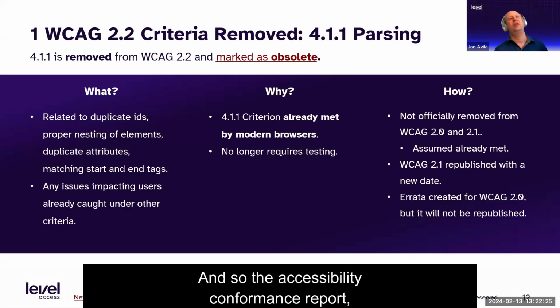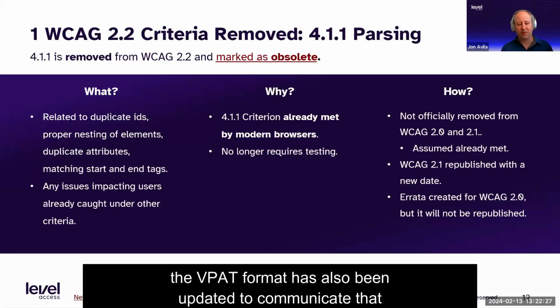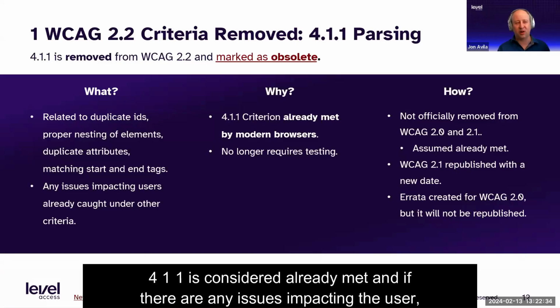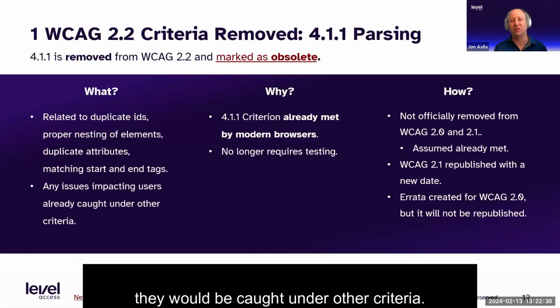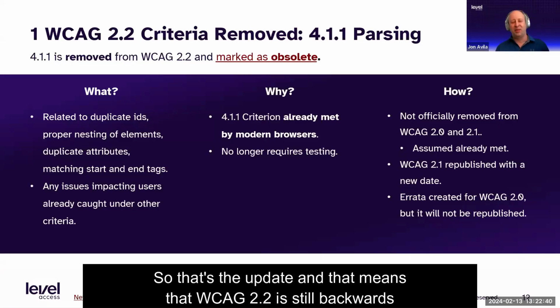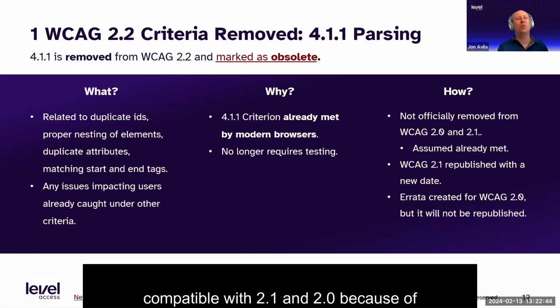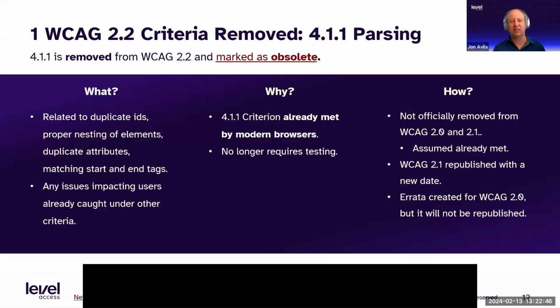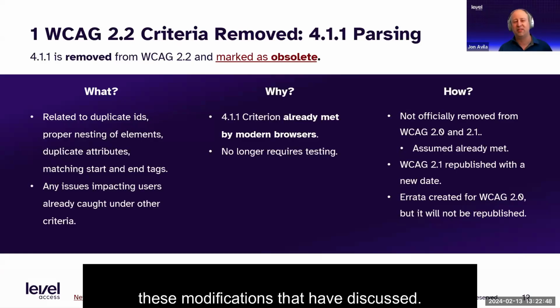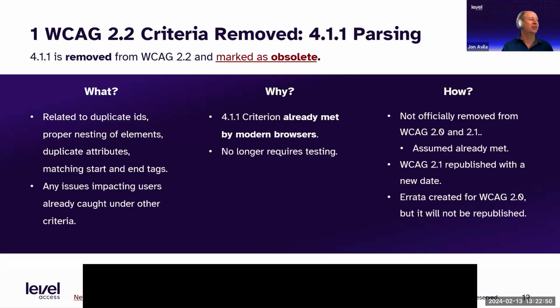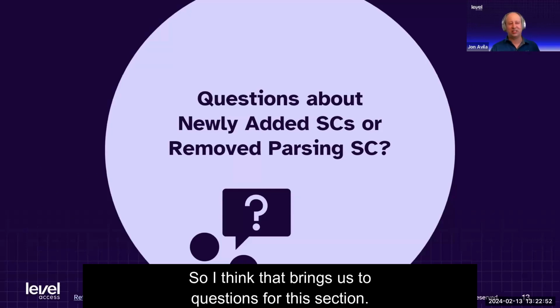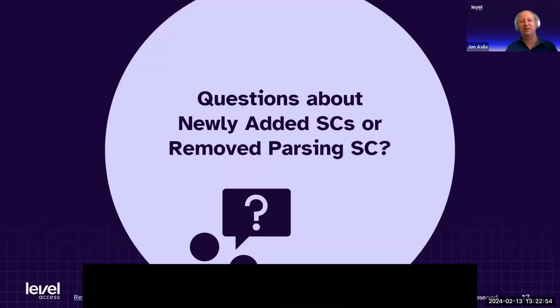And so the accessibility conformance report, the VPAT format, has also been updated to communicate that 4.1.1 is considered already met, and if there are any issues impacting the user, they would be caught under other criteria. So that's the update, and that means that WCAG 2.2 is still backwards compatible with 2.1 and 2.0 because of these modifications that I've discussed. So I think that brings us to questions for this section.